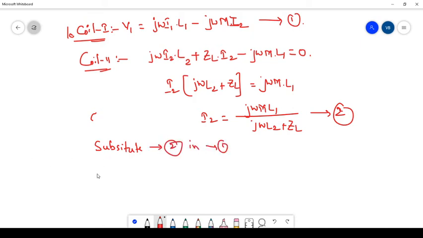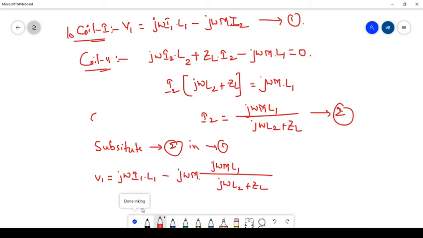Then what you have is V1 equals j omega I1 into L1 minus j omega M into the I2 value, that is j omega M into I1 by j omega L2 plus ZL.